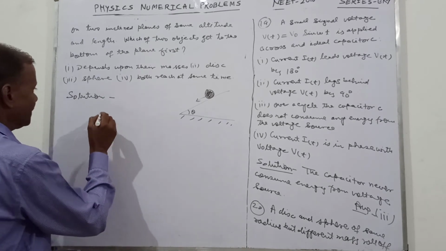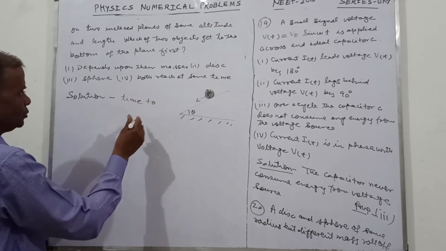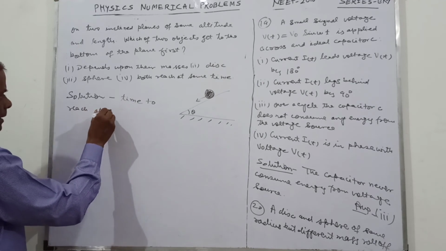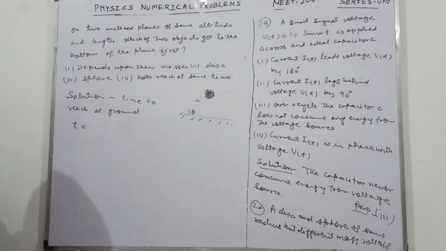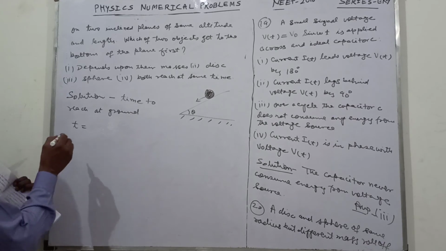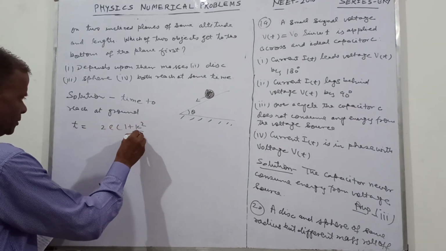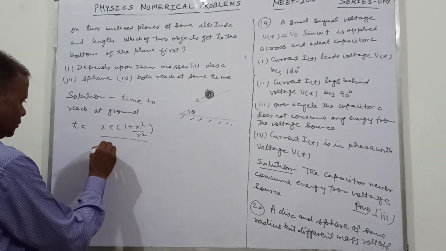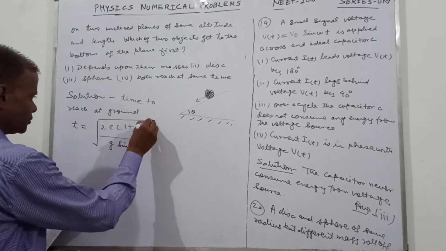So time to reach the ground, t equals square root of 2l into (1 plus k squared upon r squared) upon g sin theta.